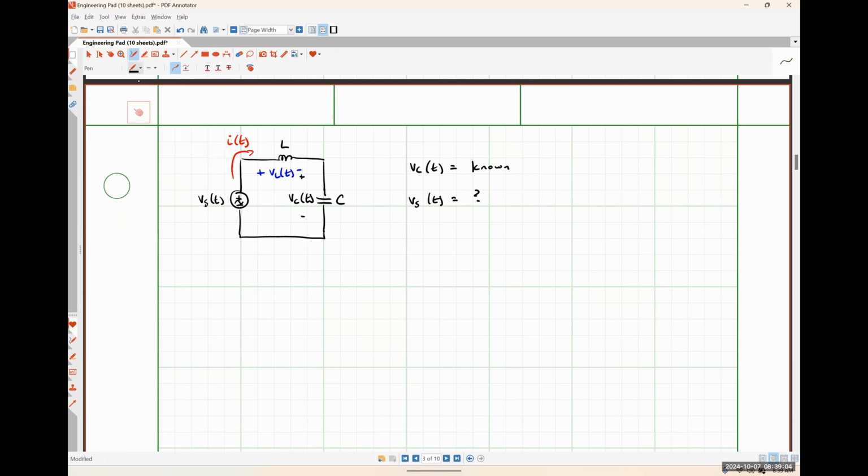So if we were to apply Kirchhoff's voltage law to this system, we would find that Vs of t is equal to VL of t plus VC of t. Well, what is VL of t?